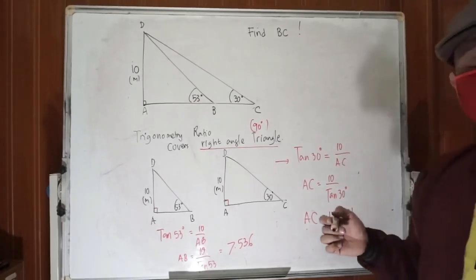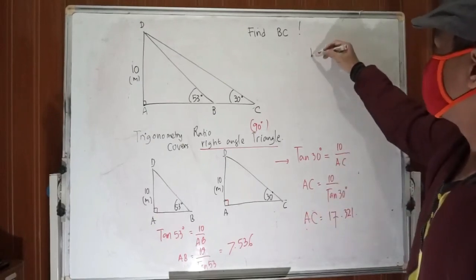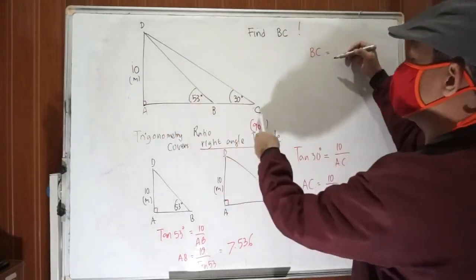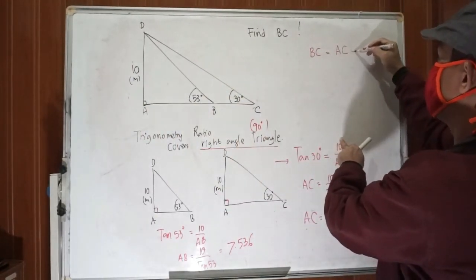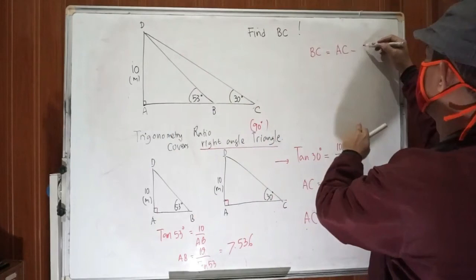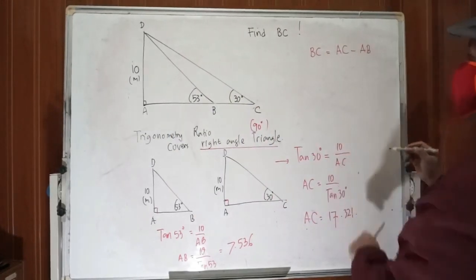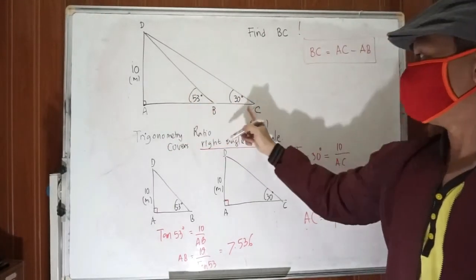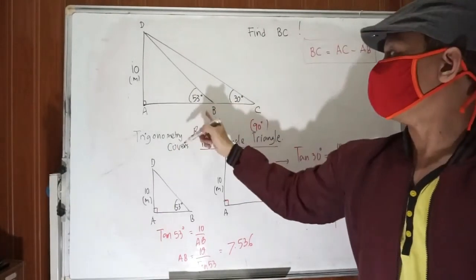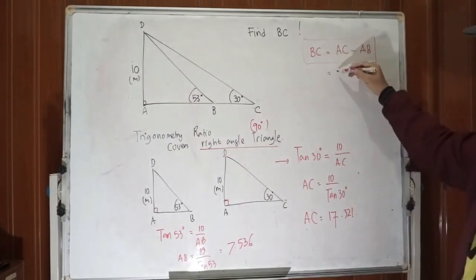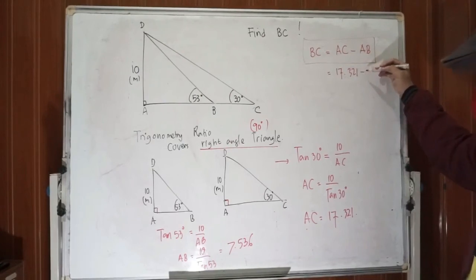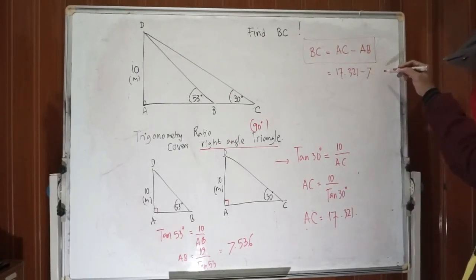Now we're going to answer the question. BC equals AC minus AB, right? So AC is 17.321 and AB is 7.536.